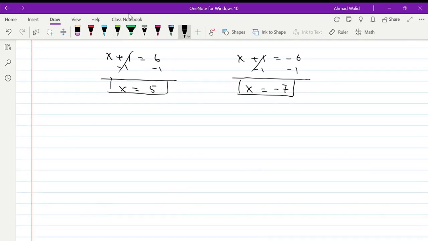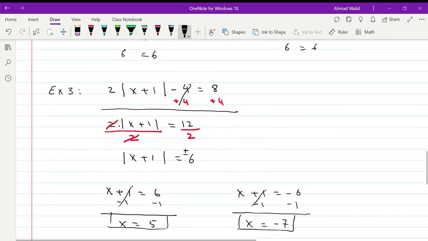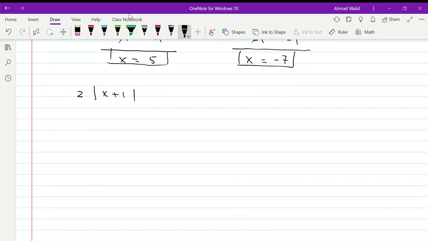Correct? We had 2 absolute value of x plus 1, minus 4 equals 8. Plug in 5 in the equation. Then 2 absolute value of 5 plus 1, minus 4. Is this equal to 8? Let's check it. 2 absolute value of 5 plus 1 gives you 6, minus 4 equals 8.